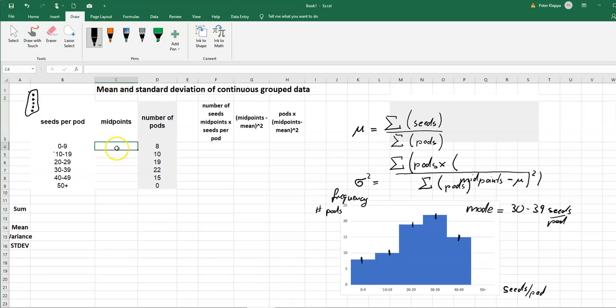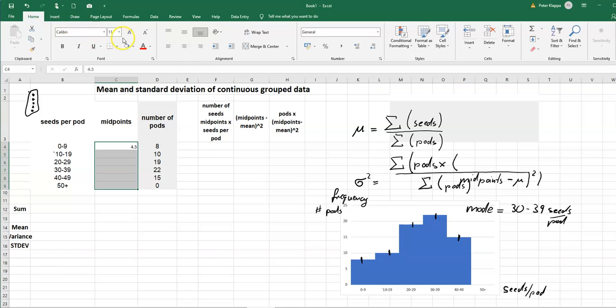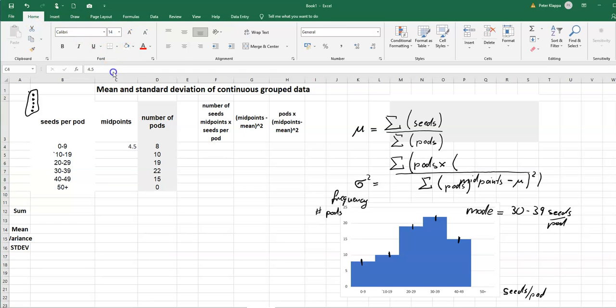So we can just simply say this would be the middle between 0 and 9 seeds, so that would be 4.5 seeds. And I make this a little bit larger so that we can easily see this. We have here 14.5. So what we can do is we can let Excel do all the hard work.